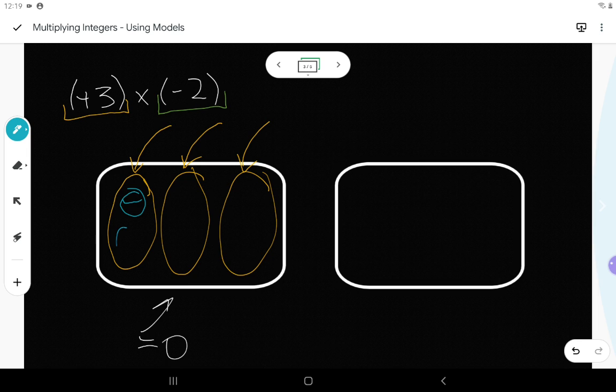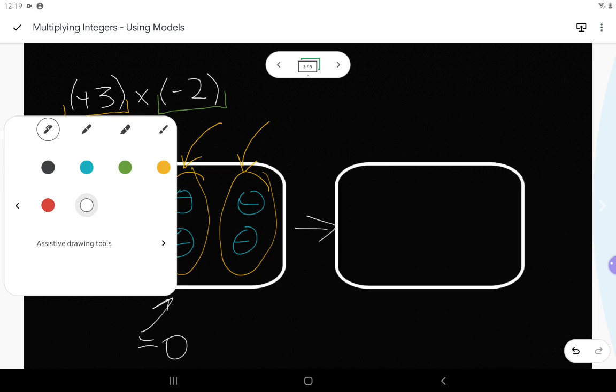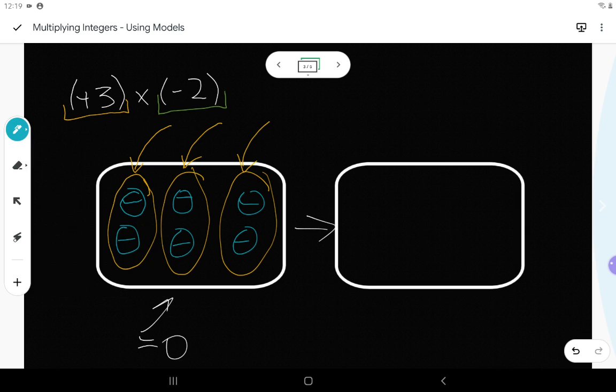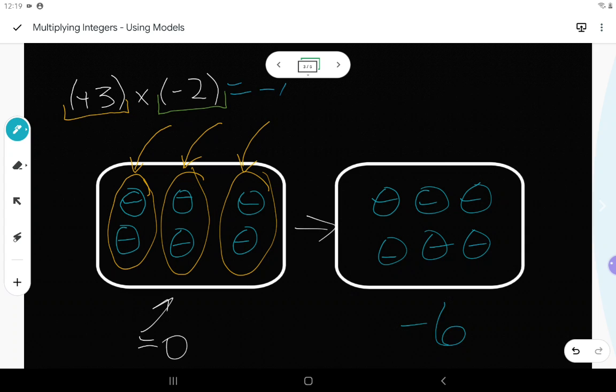I've added those groups onto what was my blank desktop. When I remove the outlines of the groups, I've taken what was 0 and added onto it these 6 blue integer chips, which represent -6. So my answer to the multiplication is -6.